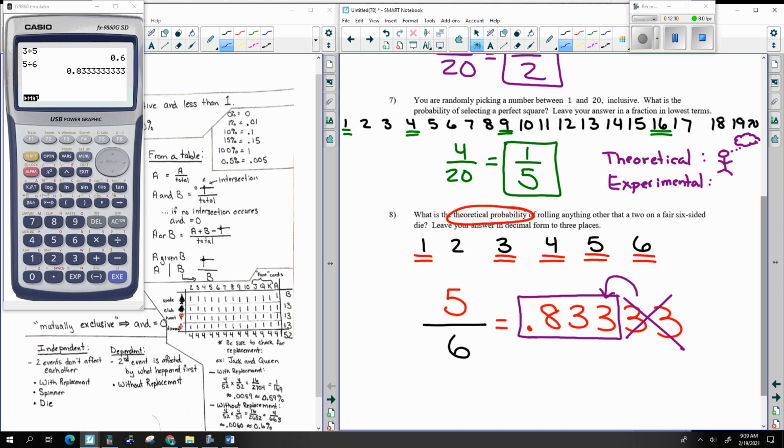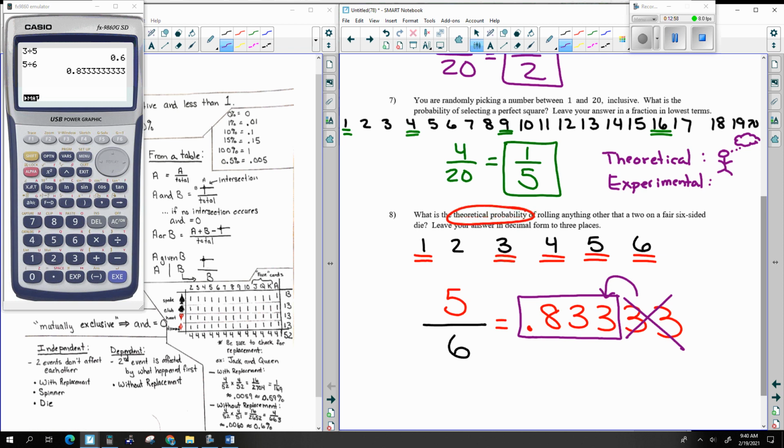So for instance, in number 8, we didn't actually roll any die. We didn't shoot dice in the corner of the room to get this probability. All we did was think about the question. We thought about the number of outcomes, and I see, oh, there'd be 5 out of 6. This is a theoretical probability, because we just thought about it.